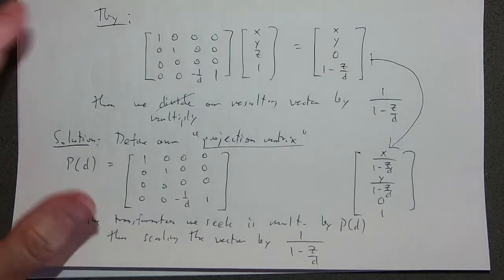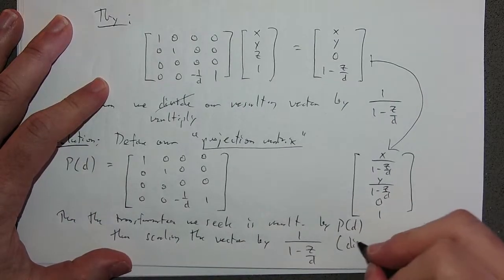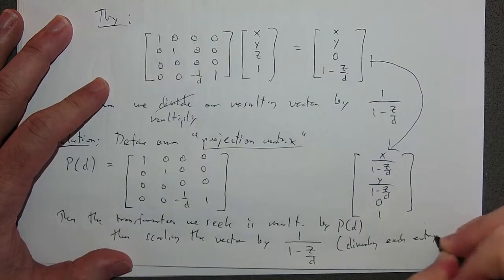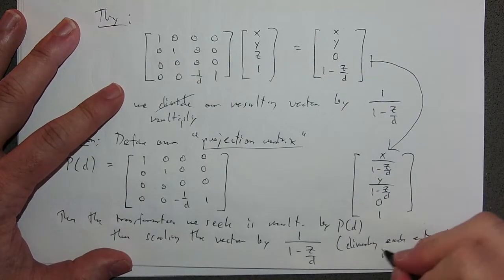Or rather, dividing each entry by its fourth component.